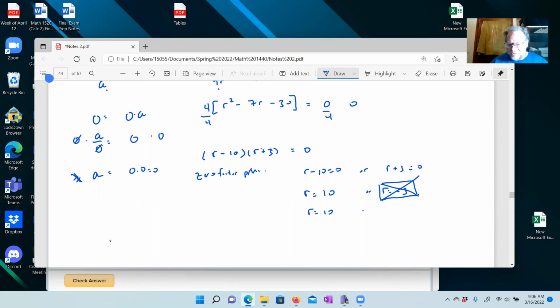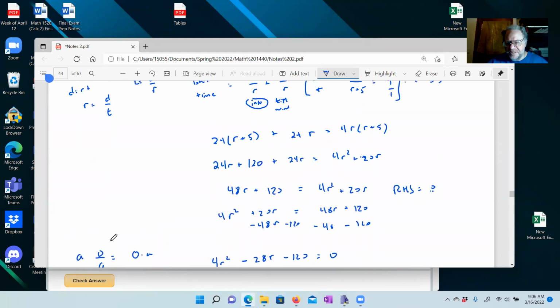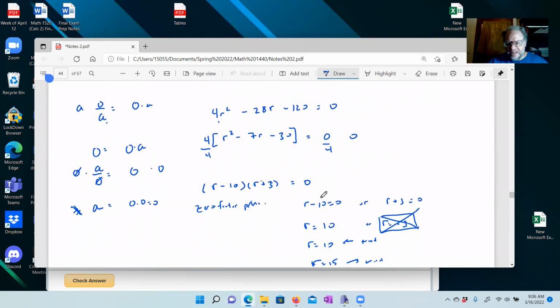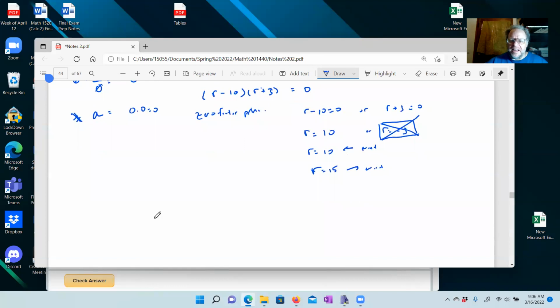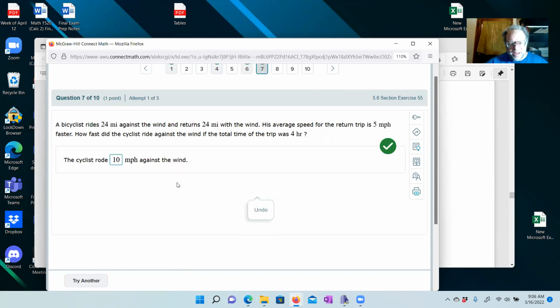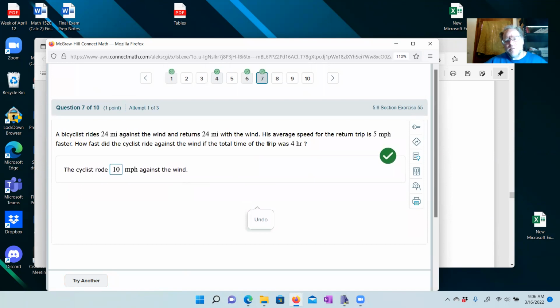This is the wind going this way, and we have r plus 5, which is 15, with the wind. Okay. Look at our setup at the beginning here. Okay, so that's what we have. And we'll go back and take a look. 10 miles an hour against the wind. Right, hooray. All right, so that's what we have for those kinds of problems.